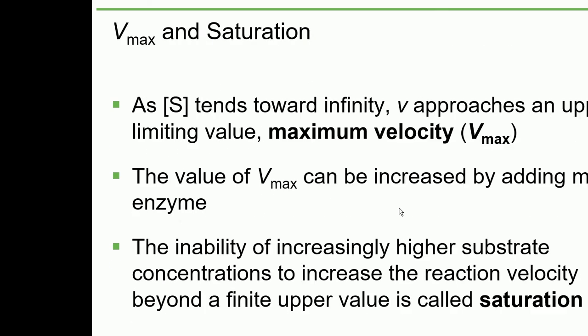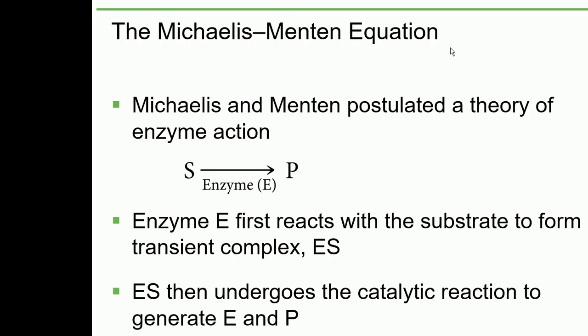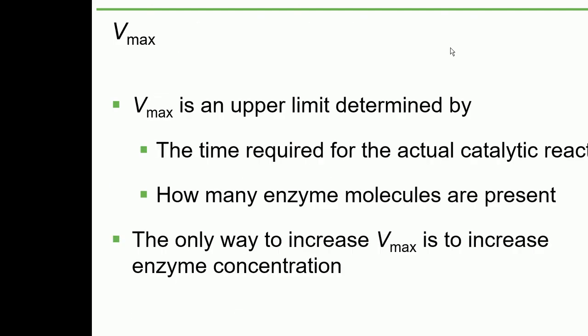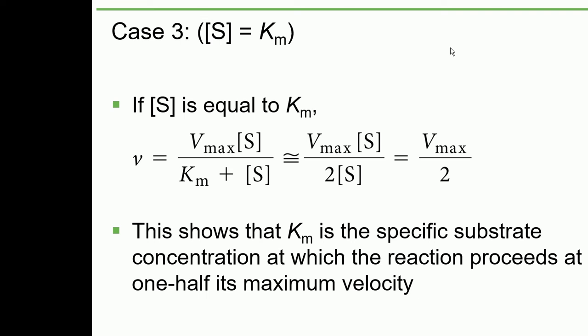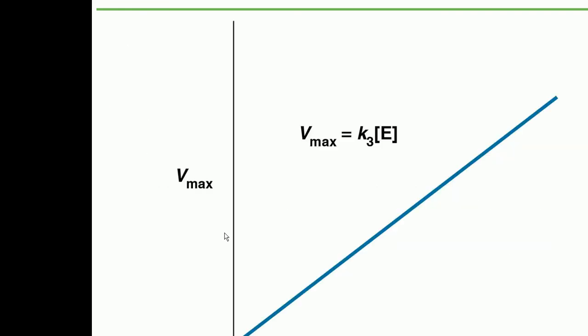Mathematically it becomes V is equal to Vmax multiplied by S divided by S. You cancel this, so V is equal to Vmax, which means that at a very high concentration of substrate, the rate of reaction has attained its maximum value.